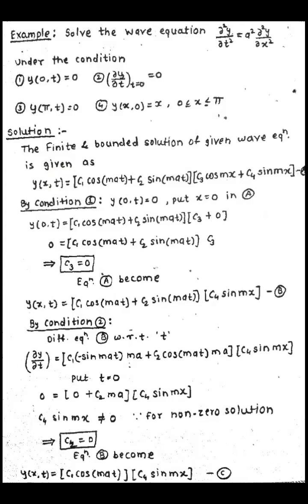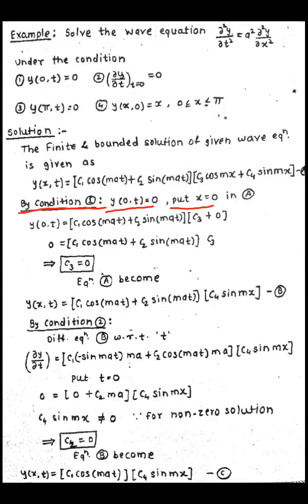Now, with the help of these four conditions, evaluate these four arbitrary constants. So consider the conditions one by one. By condition 1, y(0,t) = 0.